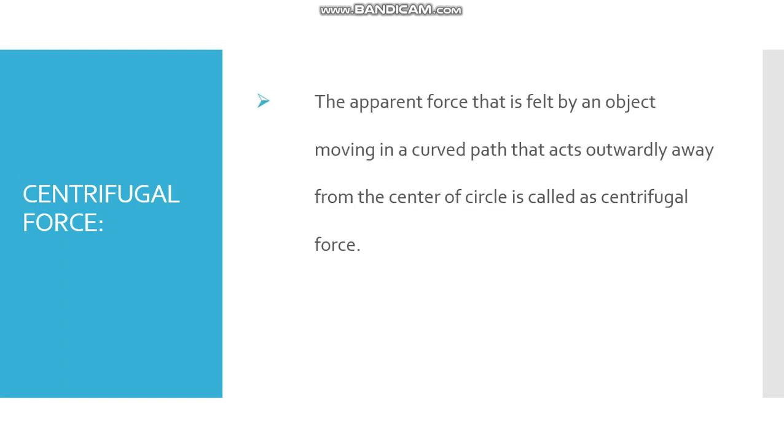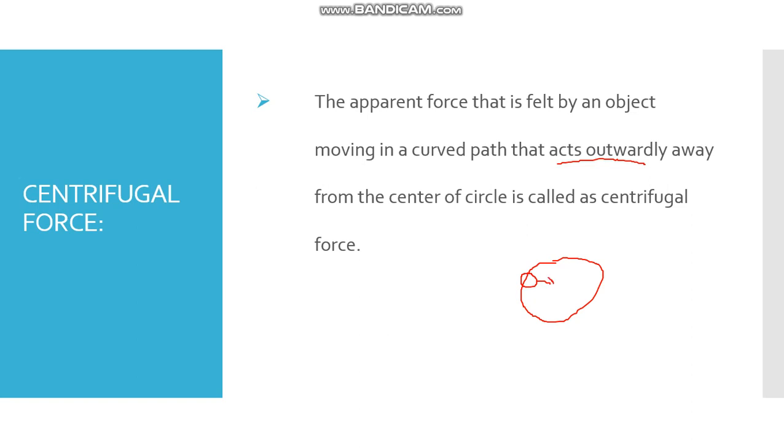Now centrifugal force. What is centrifugal force? The definition is: the apparent force that is felt by an object moving in a curved path that acts outwardly away from the center of a circle is called centrifugal force. Previously we learned that, for example, this is a circular path and a body is moving in this circular path. There are two forces.